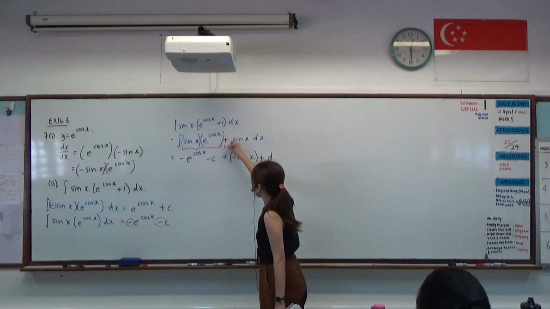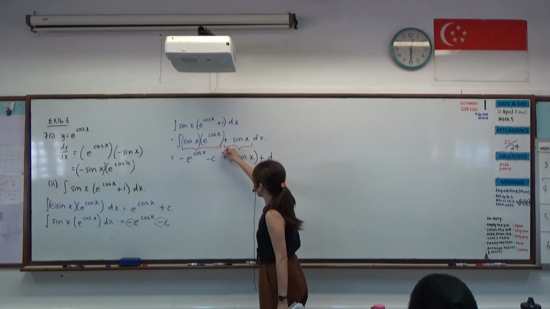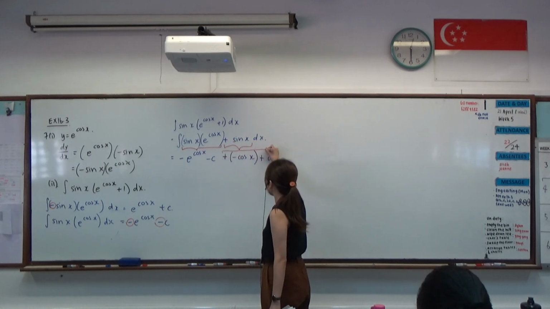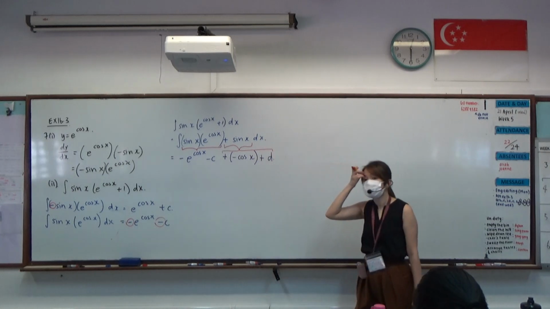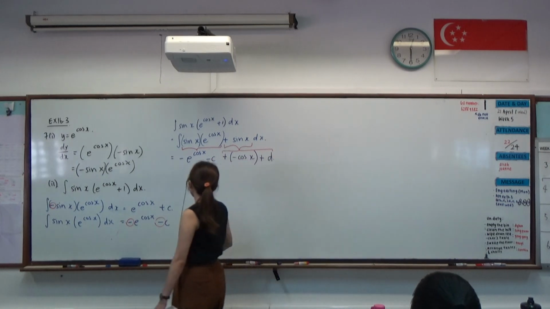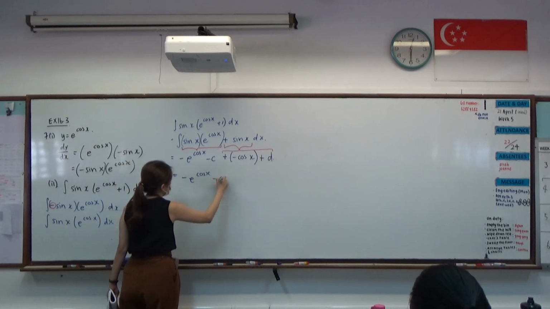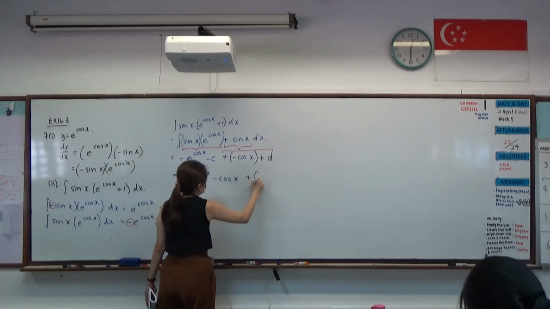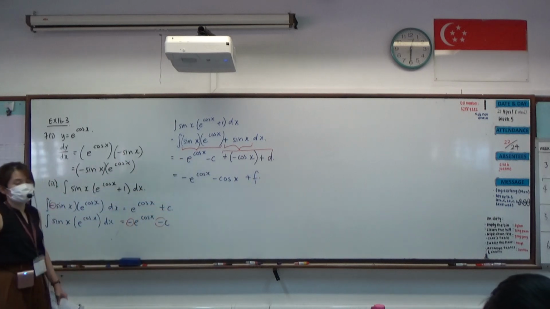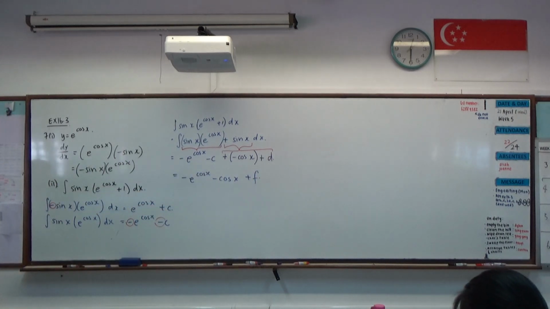So this part here is this section. So we simplify, tidy things up. We have negative e to the power of cosine x minus cosine x. We can combine all the constants to become a plus f. So that will be the answer.